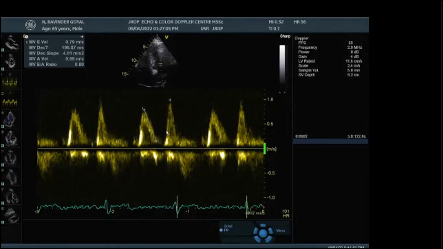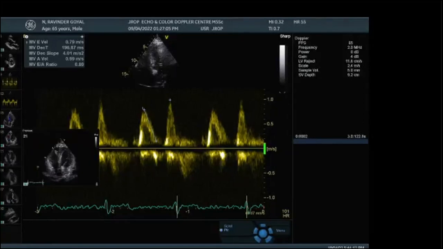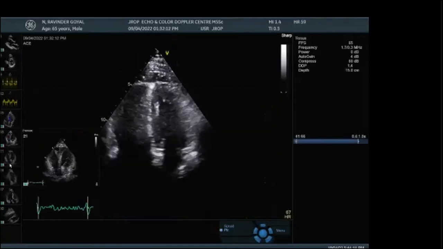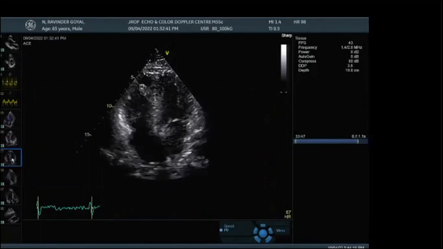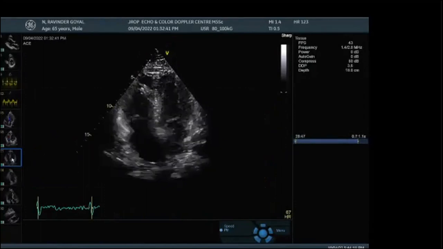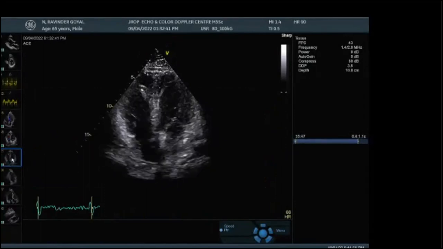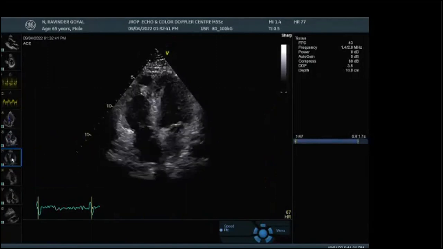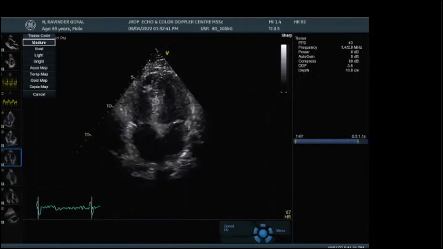Sir, the other thing is that sometimes when we take the views, the endocardium is not clearly visible. So, any tips regarding what we should adjust? Now, I'm showing you an image where you can't see a good endocardium. Now I'm going to show these changes on other images.